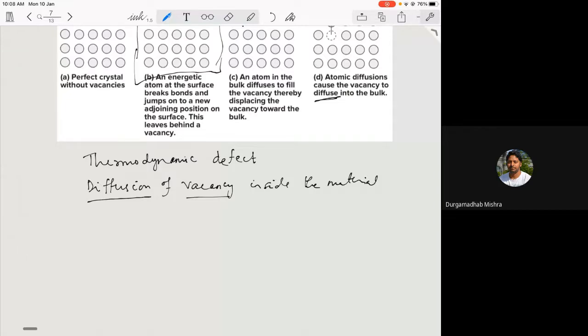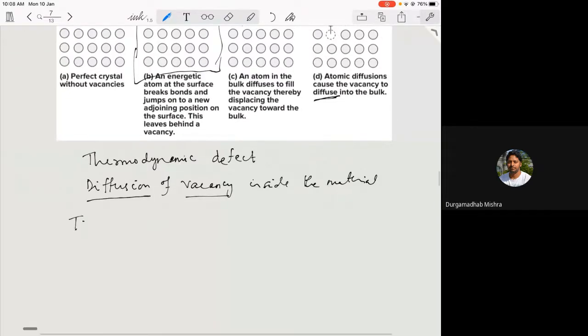So if the material is at a certain temperature, let's say T is the temperature. Since it is a thermal effect, or thermal vibration, the average energy will be kBT. Okay, so this is your average energy.